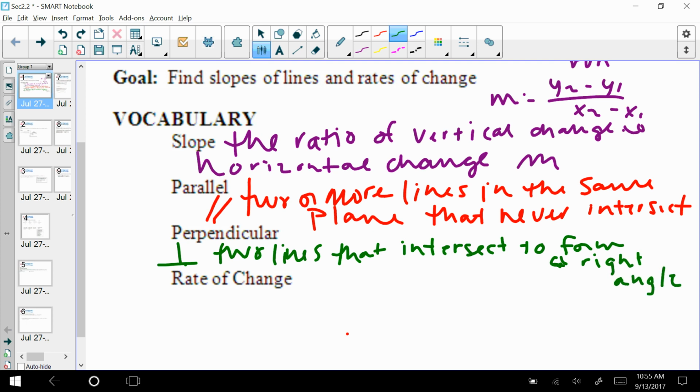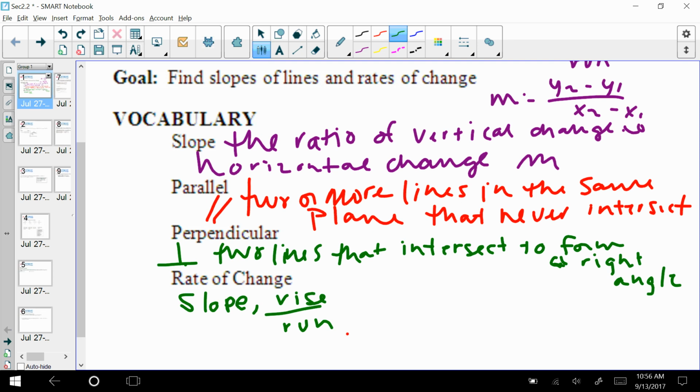And then lastly, rate of change. We refer to slope as the rate of change, or rise over run, or y2 minus y1 over x2 minus x1. So rate of change is how much one quantity changes on average relative to the change in another quantity.